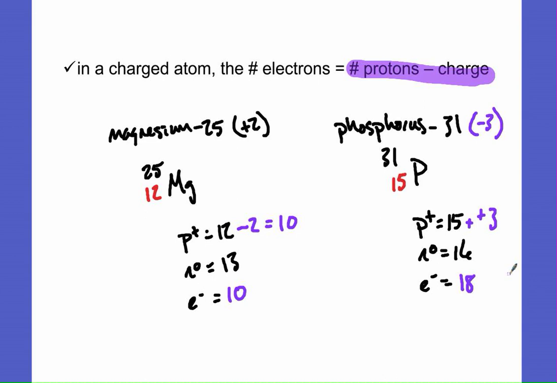If there are more negatives than positives, that's what gives you a negative charge to begin with. So you can think about subtracting the charge, or you can just think about logically which one do I need to have more of and how many more do I need to have. But either way, if you can figure out how many electrons there are for that charge, that's all that matters.